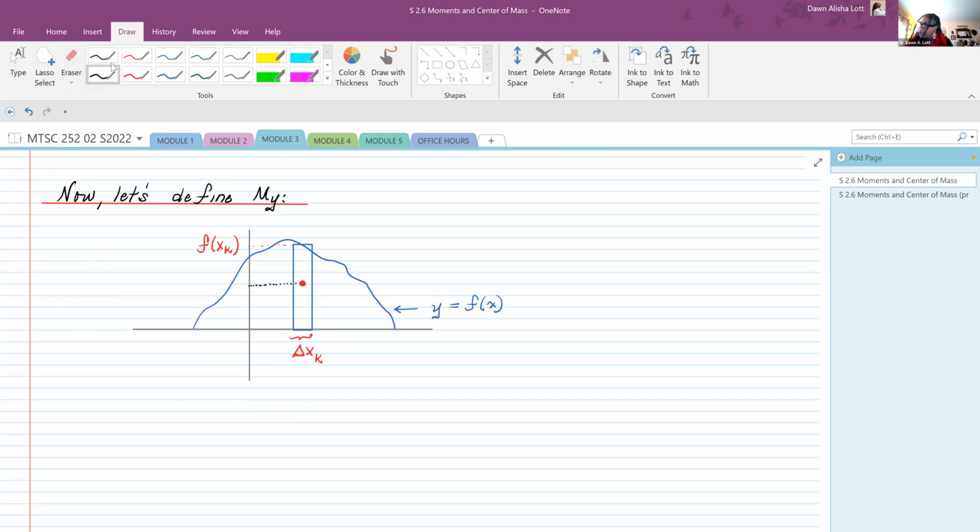And so when we do that, we get my is approximately the sum, k equals 1 to n, of xk, that's the distance it is from the y-axis, times delta mk.